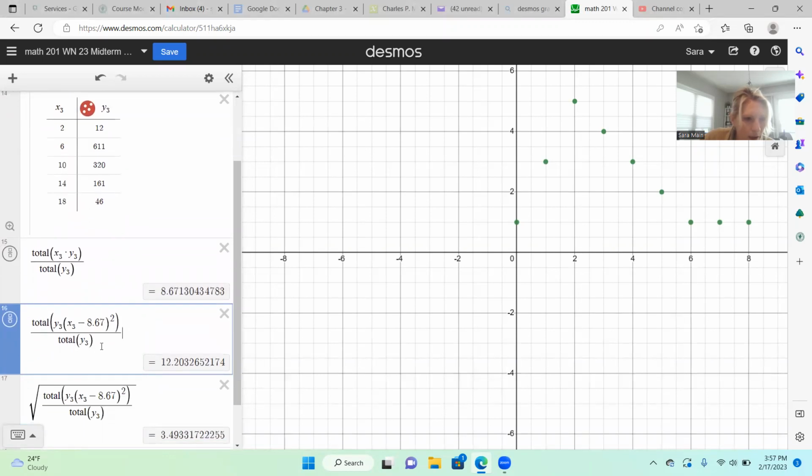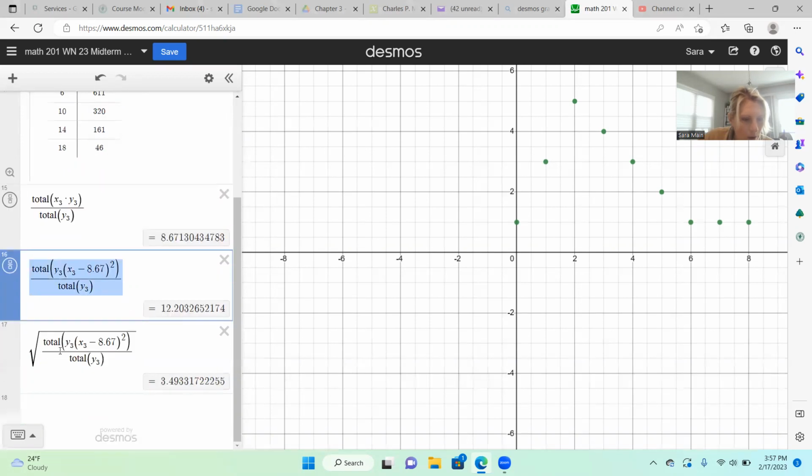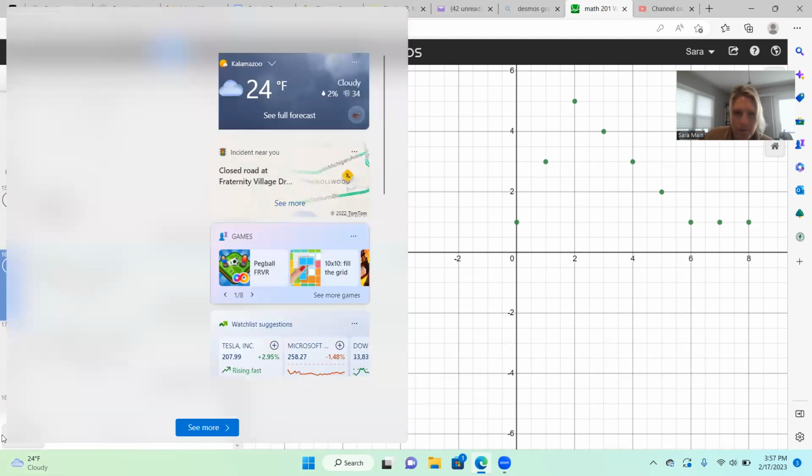And then I'm going to divide by, again, the total frequencies. So 12.203 is the variance. And then when we take the square root, and you can just copy this whole thing and then paste it right under the square root. So when you do that, that's our standard deviation, 3.49. 3.493.